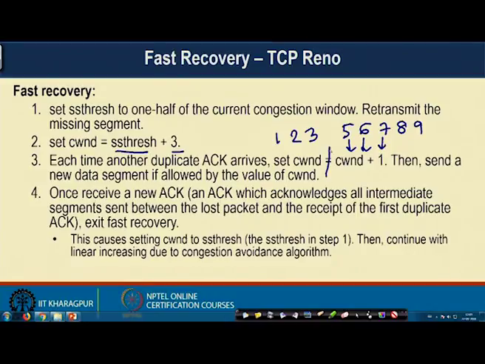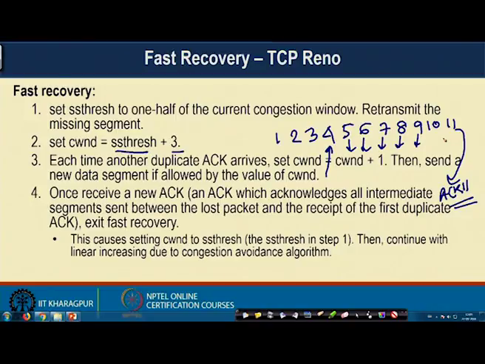At that time the sender retransmitted segment 4, and it kept receiving duplicate acknowledgements for 8 and 9, and with every duplicate acknowledgement you keep sending further packets. Whenever the receiver receives the missing 4, it sends a cumulative acknowledgement, say ACK 11. Once you receive this new acknowledgement, not a duplicate one, that means all the packets that were there have been acknowledged.